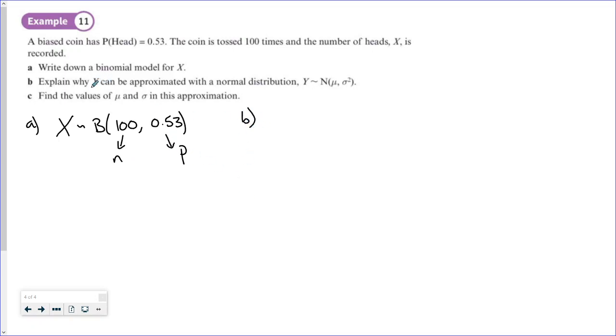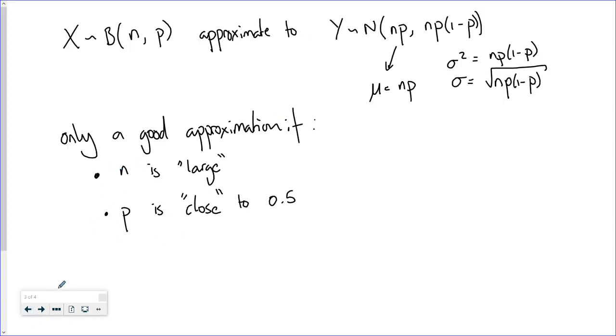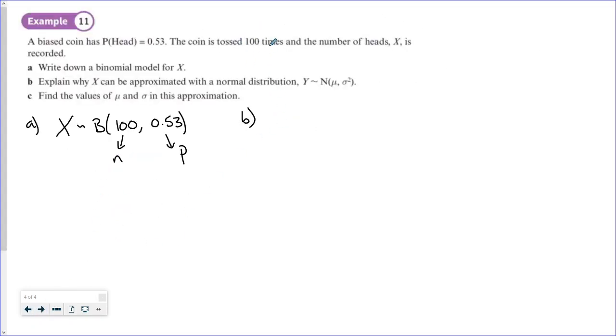In part B, we're asked to explain why X can be approximated using a normal distribution. Here we just need to use these two conditions. We've got a large number of trials, so n is large, and we should relate it back to the context of the question.